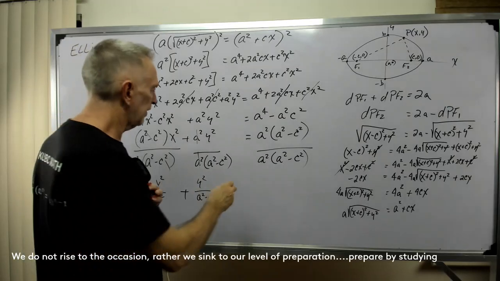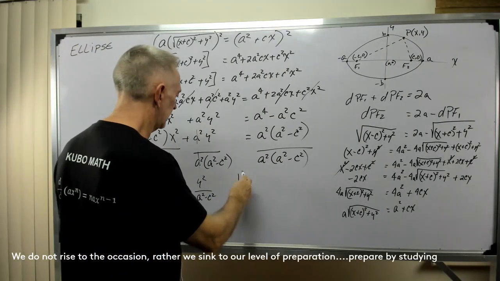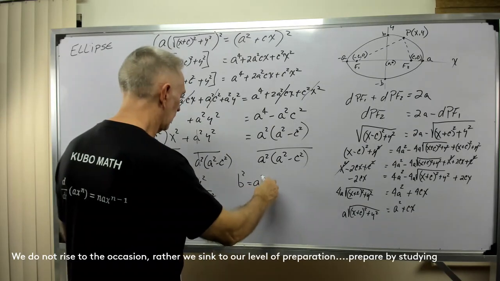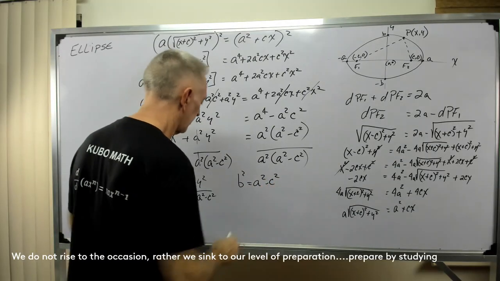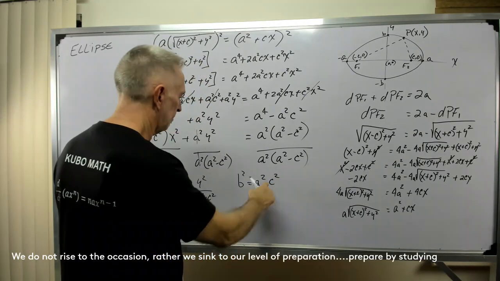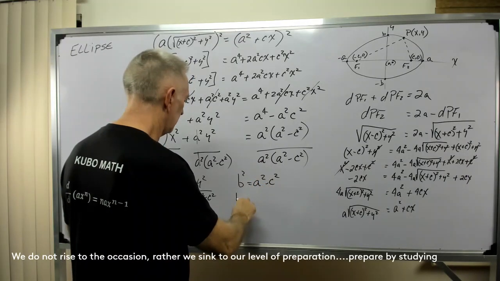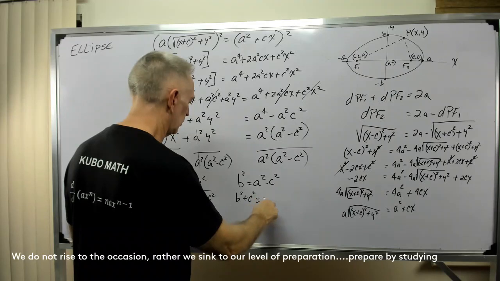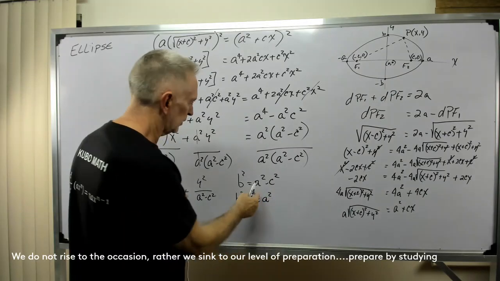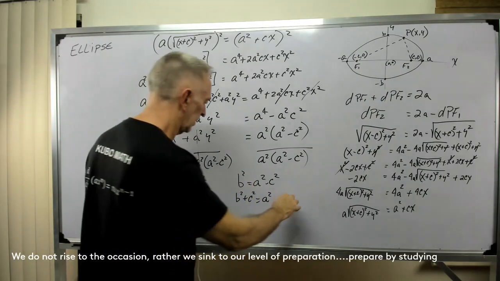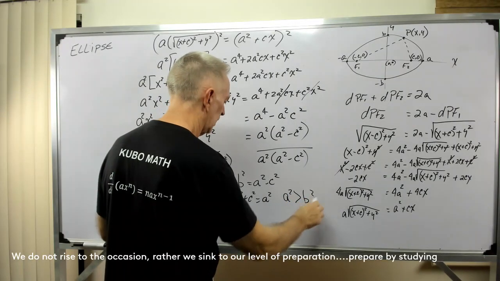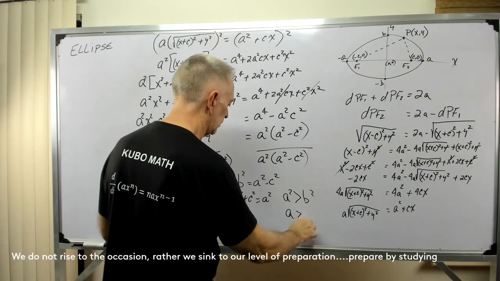Now for convention's sake, they said we're going to let b squared equal a squared minus c squared. That means b squared plus c squared equals a squared. So it's telling you that a squared is greater than b squared. If that's the case, a is greater than b.